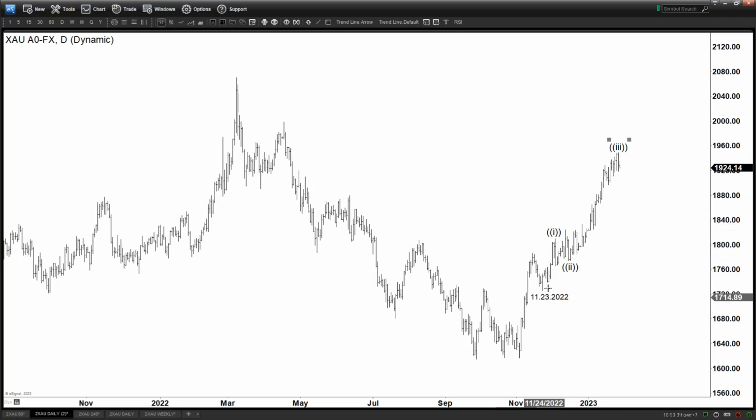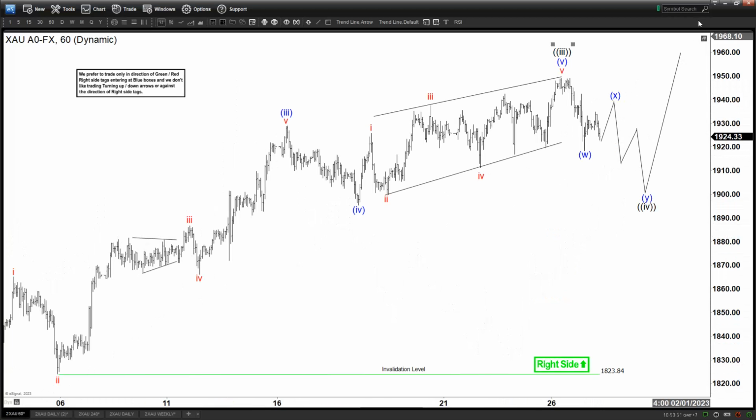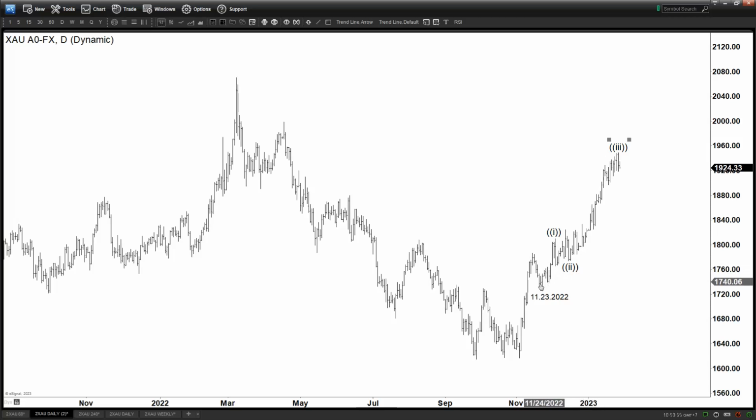Okay, so we're talking about the cycle that started from November 23rd, right? So this rally from November 23rd is in 5 waves, where we have ended 1, 2, and then now 3 could be completed already, and now 4 could be doing another leg down before it turns higher again to continue higher to finish a 5 waves up from this low over here.